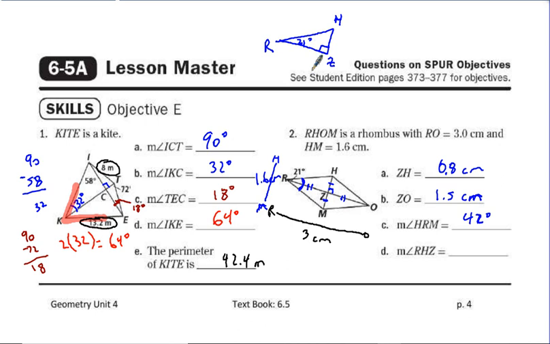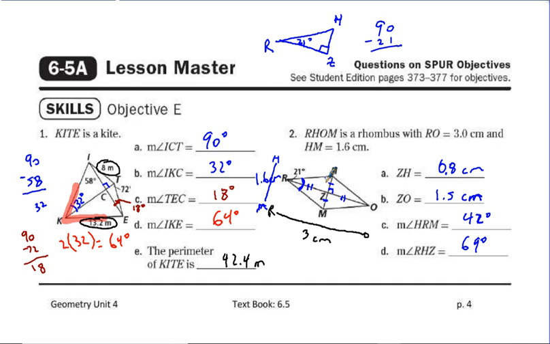So again, angle R in this diagram is a complement to angle H, so 90 minus the 21 degrees I know is 69 degrees for angle H, or angle RHZ in the larger picture.